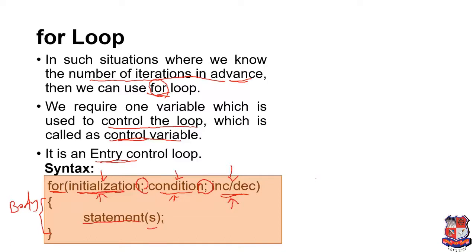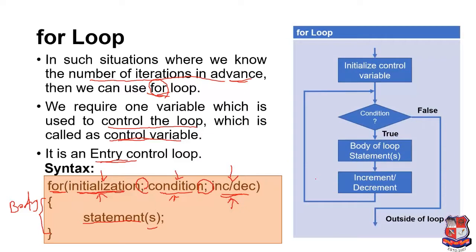Now we are going to see the flowchart of the for loop. As we discussed in the syntax, there are three things, and among them the first is initialization. So in our flowchart, our first step is to initialize the control variable. We give an initial value to the control variable, and from this value the loop will start.